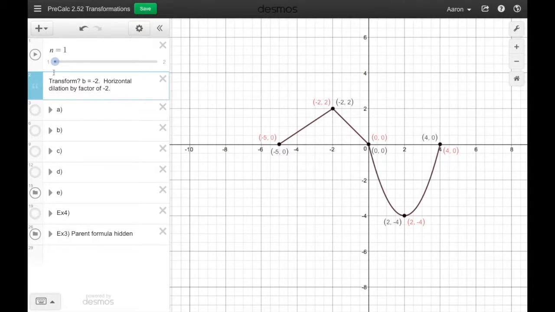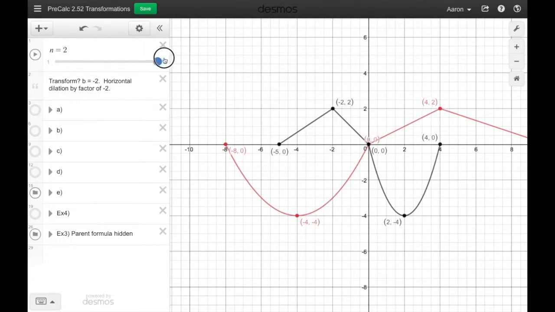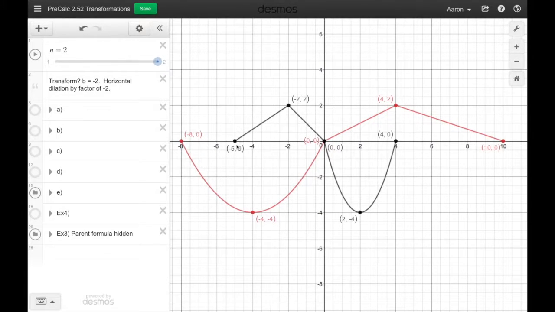The whole thing is going to get flipped. So check this out. When you multiply all the x values by -2, you get this. -5 went all the way over here to +10. +4 went all the way back here to -8. The entire thing gets flipped because of the negative, and widened because of b equals 2. Copy it down, and we'll move on.